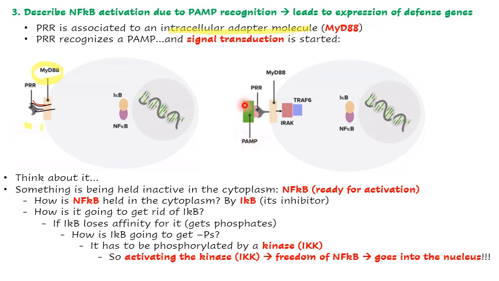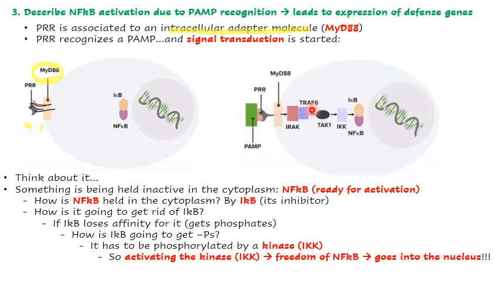Once you have a PAMP, okay, PAMP that is detected, or a DAMP, in this case was a PAMP, here's what's going to happen. You're going to have your adapter protein here get together with some other factors that are going to activate, okay, forget about these guys.